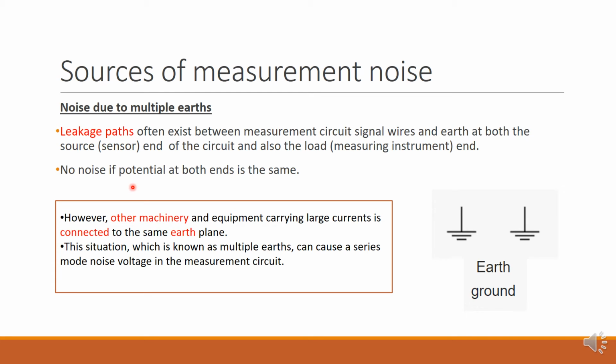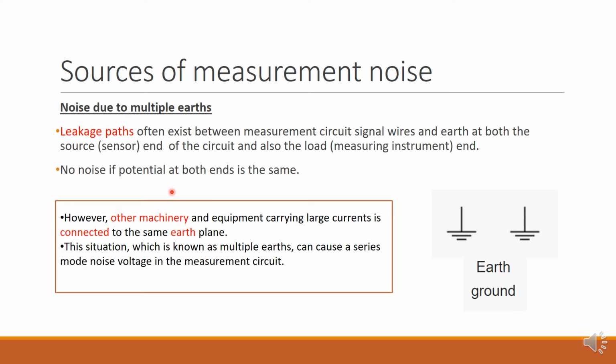Another source of measurement noise comes from multiple earth grounds. As far as possible, measurement signal circuits are isolated from Earth. However, a leakage path often exists between your measurement circuit signal wire and Earth.